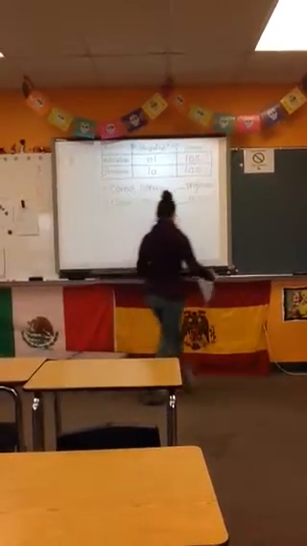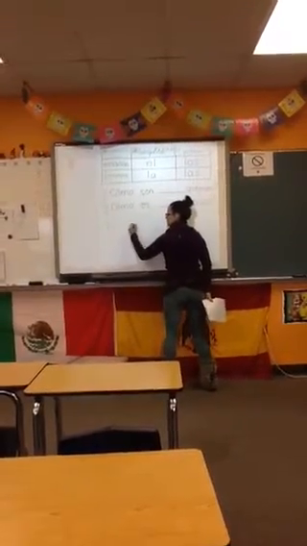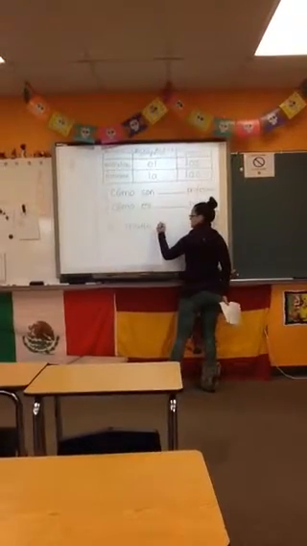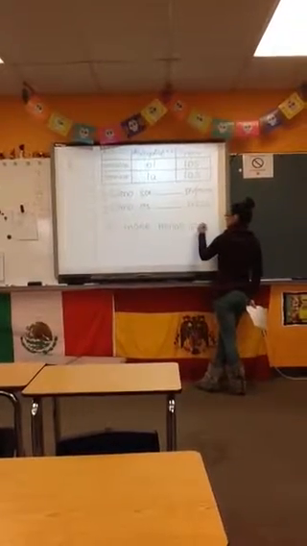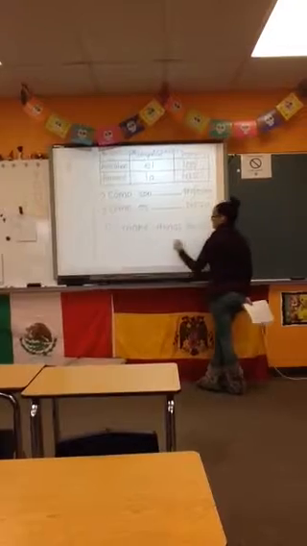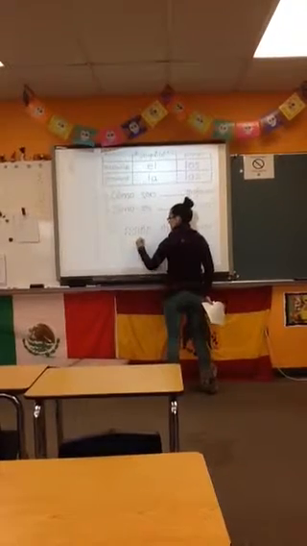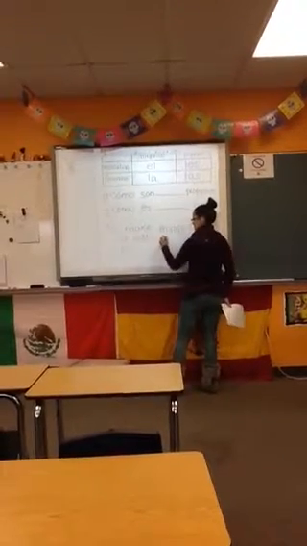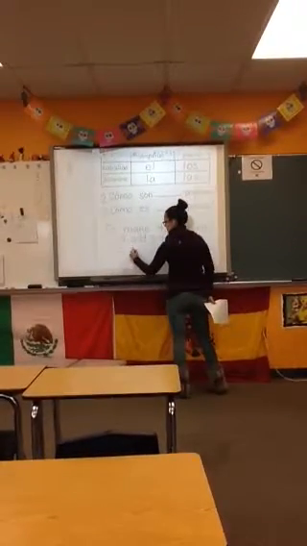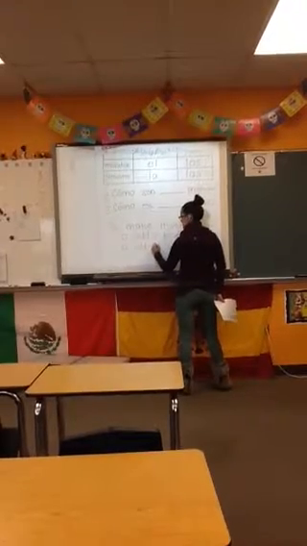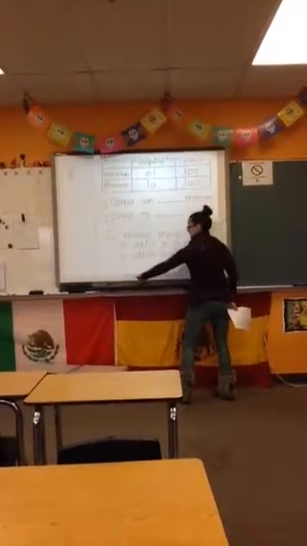And remember that in Spanish, in case you forget, to make things plural, you do one of two things. Either you add S to things that end in vowels, and you're going to add ES to the ends of words that end in consonants.